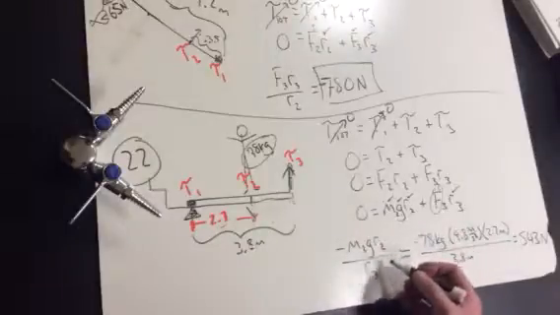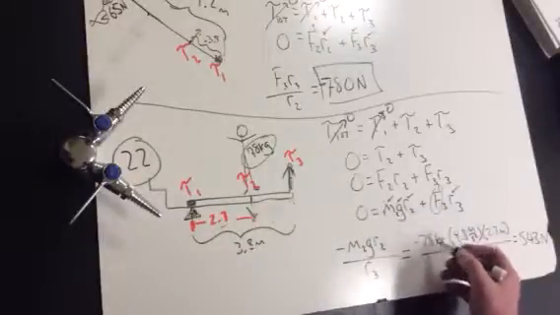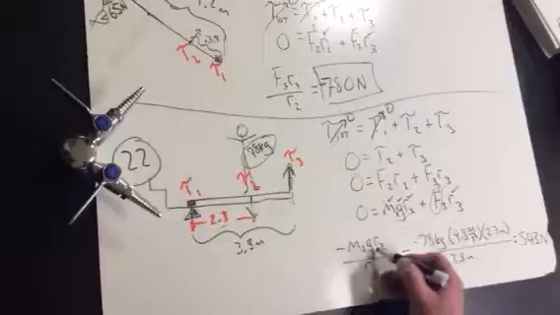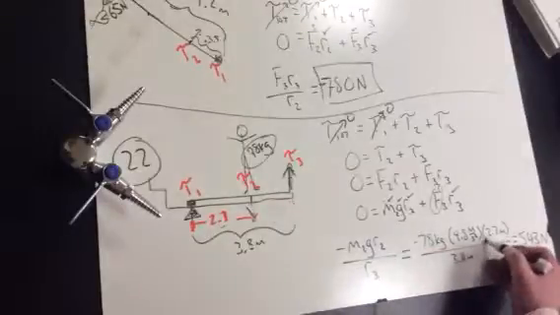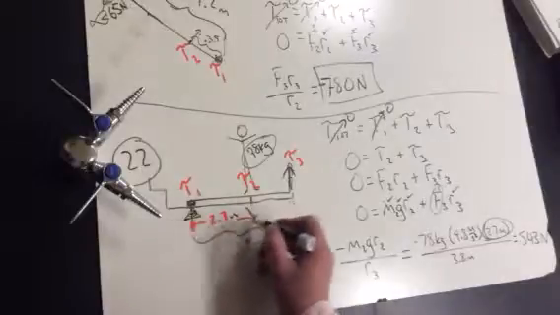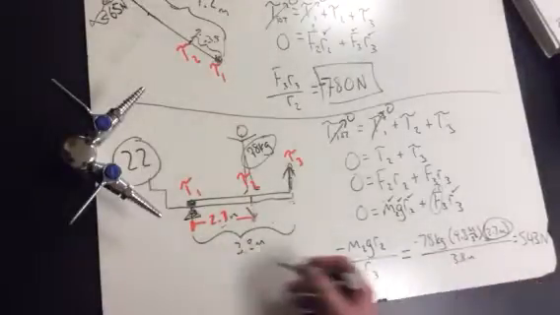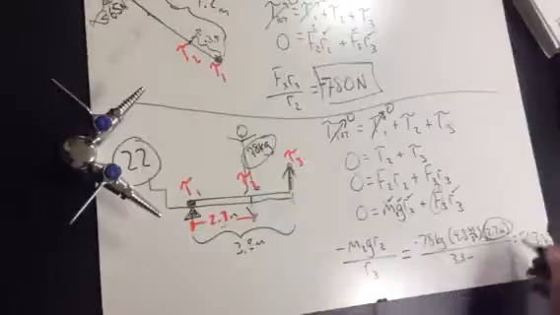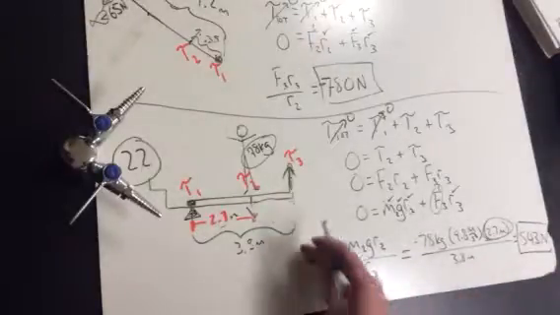So what does that look like when we rearrange this equation? Mass 2, gravity, radius 2. Our radius 2 is 2.7 meters. And our radius 3 is 3.8 meters. And the answer is 543.